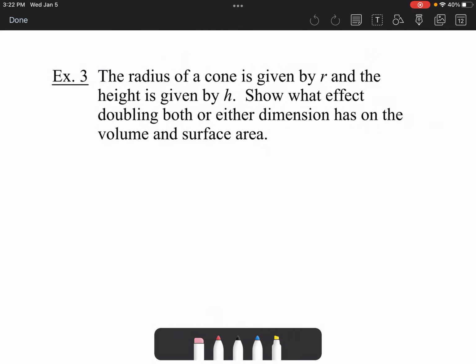Well, the surface area of a cone is given by pi r squared plus pi r s. To figure out the value of s, you need to work out the square root of r squared plus h squared.